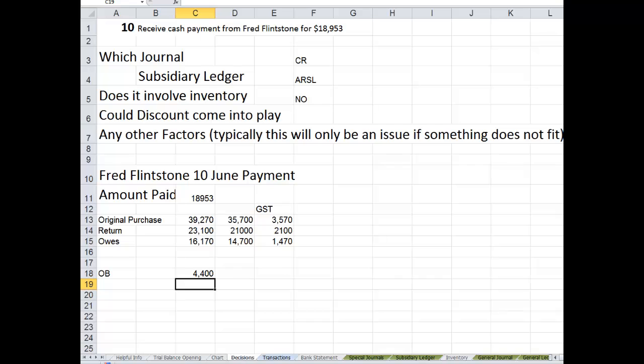Now this bit here could be subject to a discount. So, well, it is subject to a discount. It's the payment 10th of June, purchased on the 1st, but this bit won't be. So let's go back and see what the terms of trade were on that transaction.